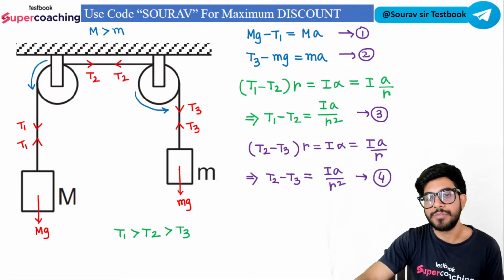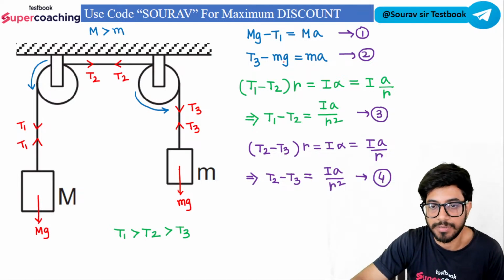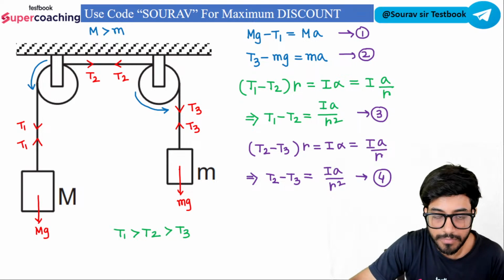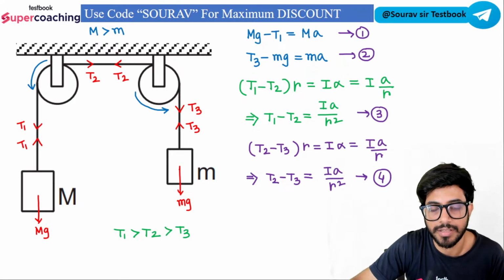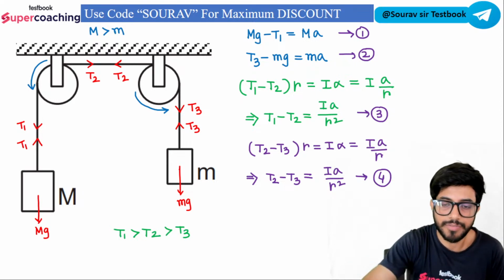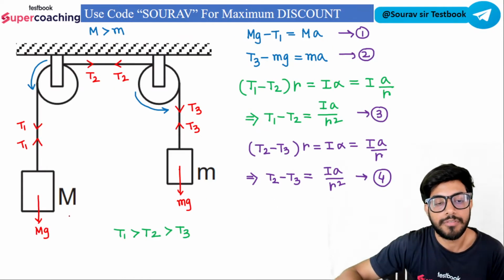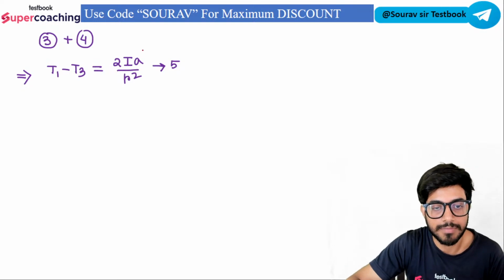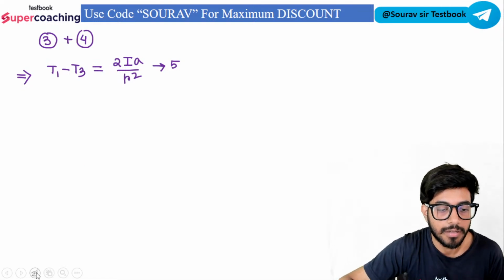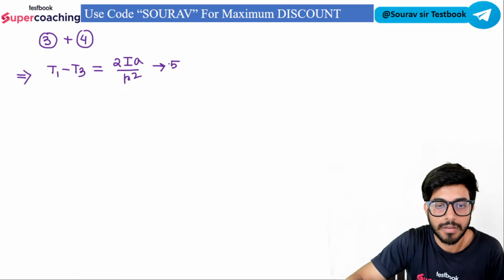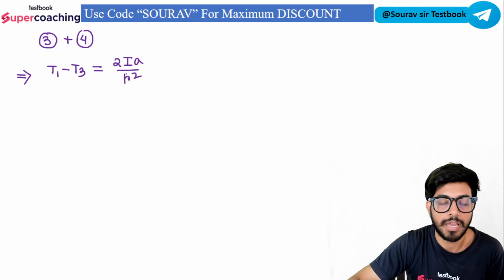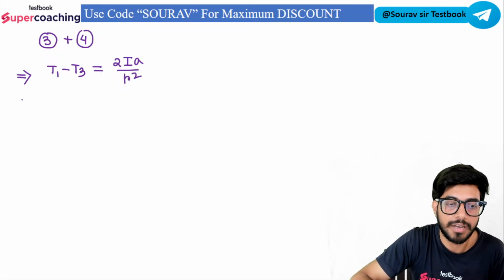Now you see in equation 1 and 2 you have both T1 and T3. So what have they asked you to find out? Find the acceleration of the block, right? Find T3 from here in terms of T1.